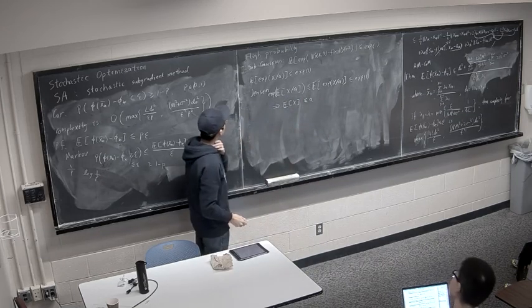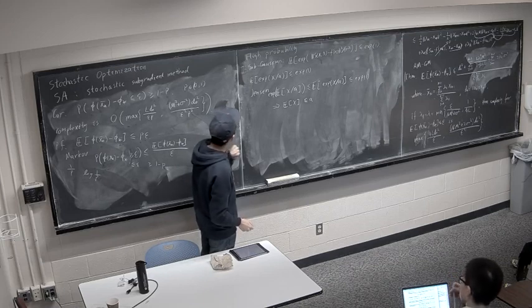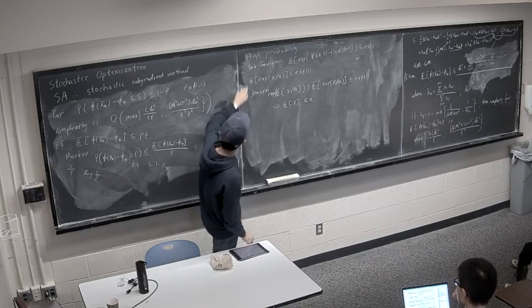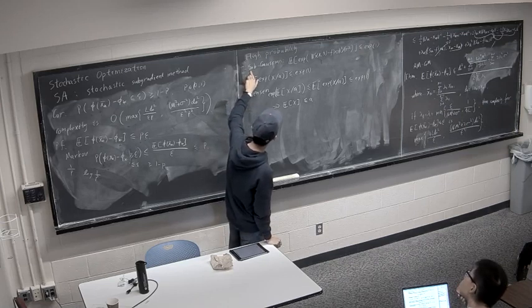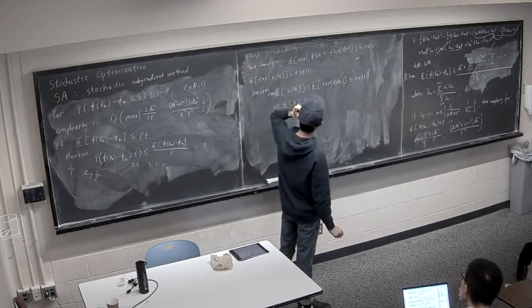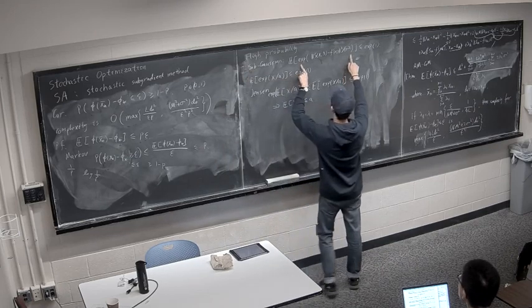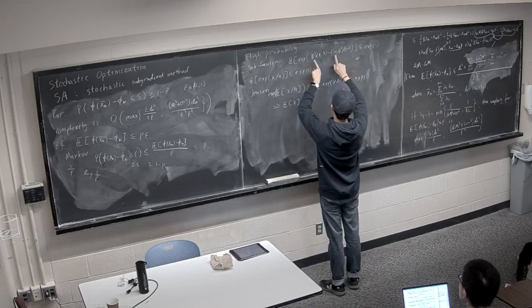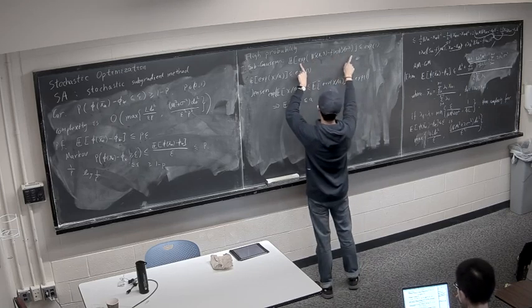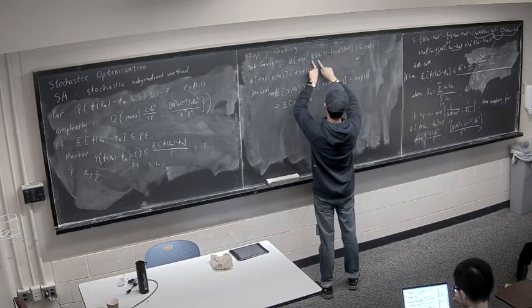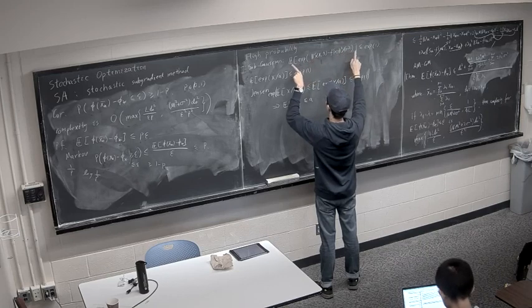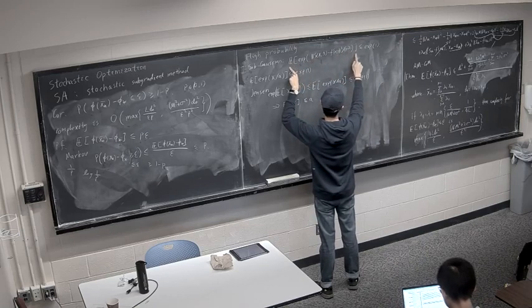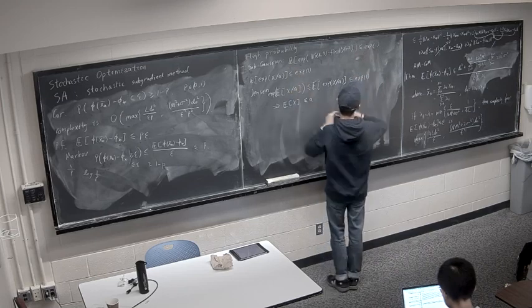Okay, first we need to strengthen the assumption on the noise. So we now assume a light tail distribution. We assume, for example, a subgaussian distribution. That means the expectation of the exponential of this subgradient distance, norm square divided by sigma square, and then take the expectation, is no more than the natural number e, right?